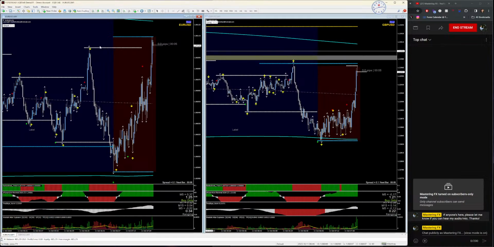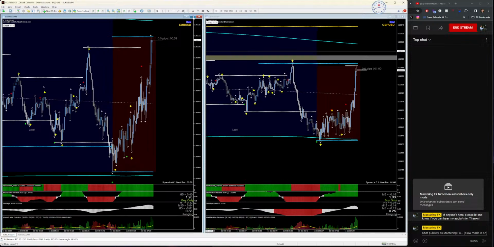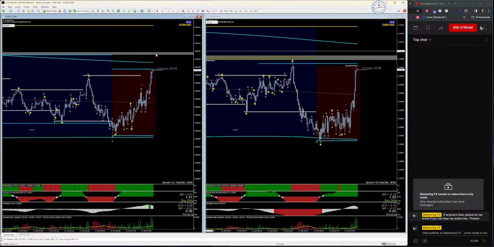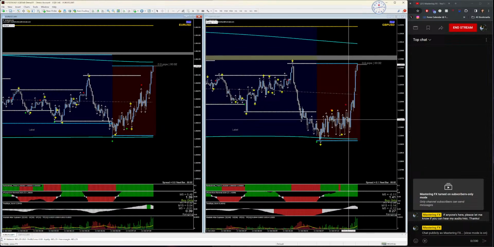So we did sweep the highs here. Let's see what it does. We also have a similar scenario here, a little bit of leftover fair value gap here. Totally missed that one. Oh well.